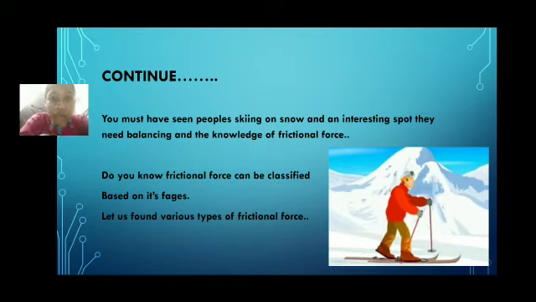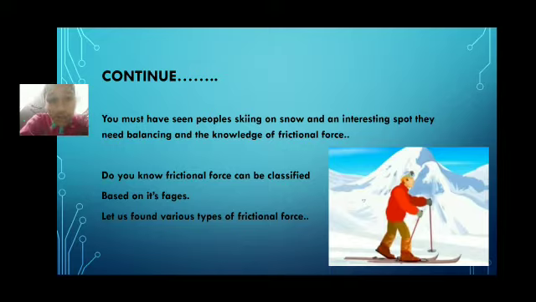If you don't have the knowledge of friction force and balancing, you can't do it, because if you don't know where to move and where to rest, you will take a very big fall and it will injure you. So you must know the friction force in skating and skiing.